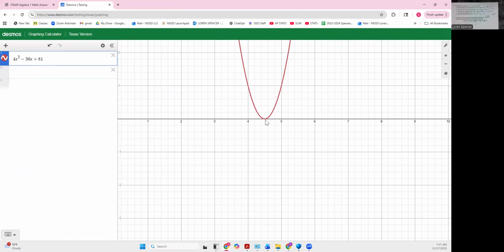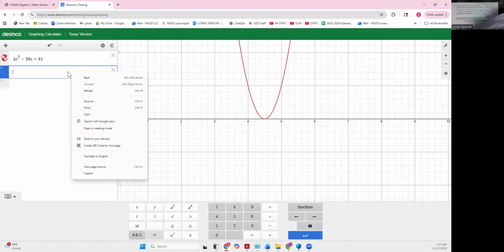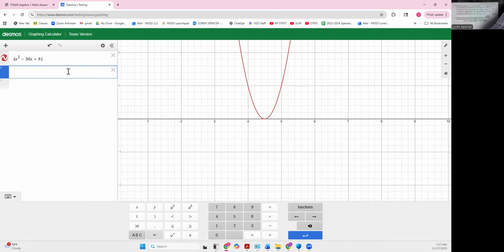The fact that I'm only touching it one time tells me it's going to be the last one. But I still want to show you how this works. So our first answer choice, because I'm going to plug it in, is 4x minus 3 followed by x minus 27.